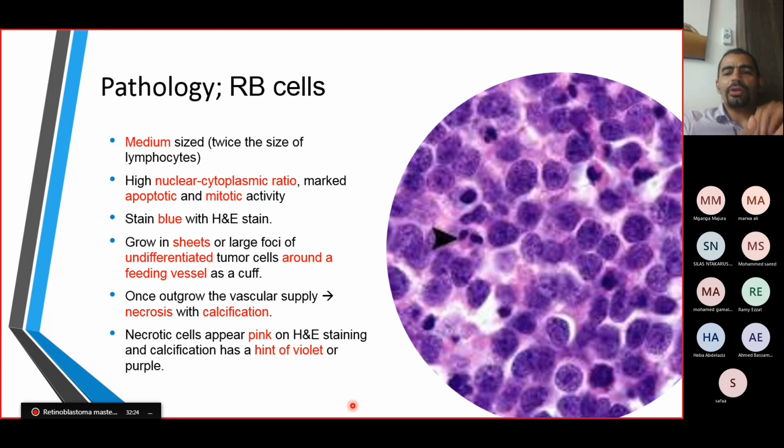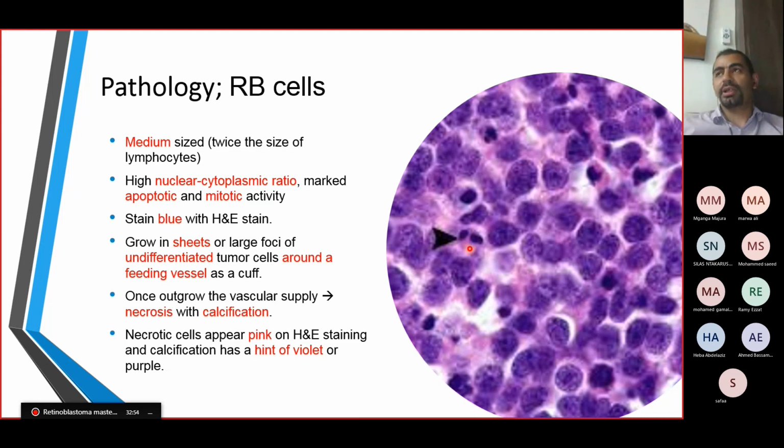The main histopathologic feature of the retinoblastoma is the retinoblastoma cells. If you remember, in the pathology, there were some features of malignancy, including increased nucleocytoplasmic ratio, including hyperchromasia. So if this is a normal cell, you find that those malignant cells have dense staining of the nuclei.